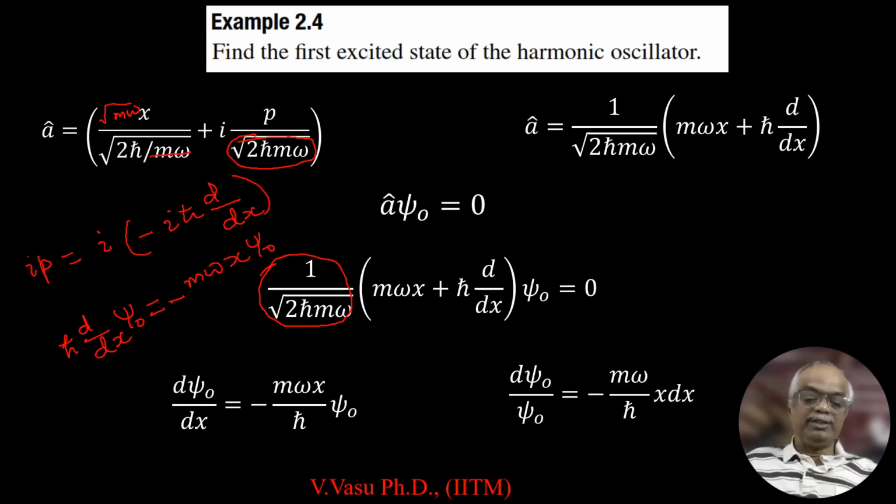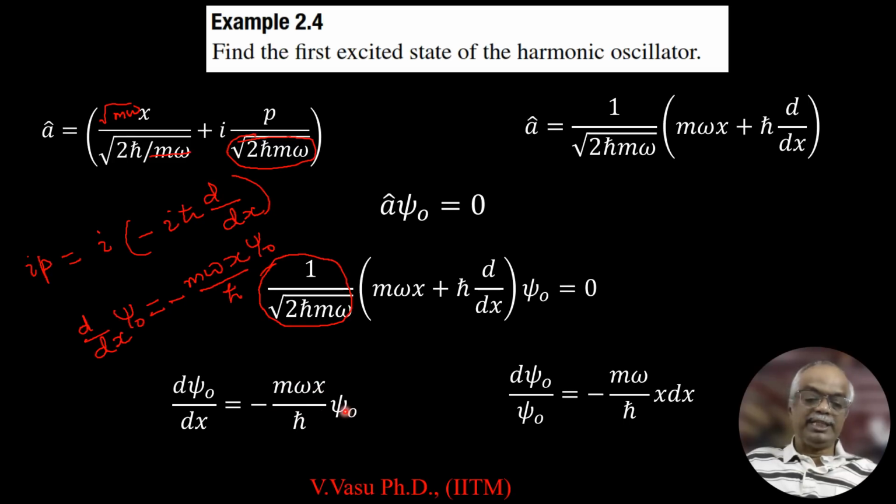Now you bring this h-bar to the other side, so d by dx of psi naught will become minus m omega x over h-bar times psi naught.